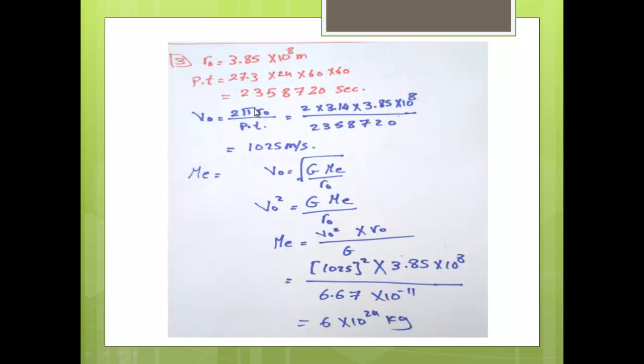He wants to find the mass of Earth. To get mass of Earth, we have only one rule. Orbital velocity equals square root of G M_E over R orbit. To get rid of the square root, we make power 2. So velocity power 2 equals G M_E over R orbit.